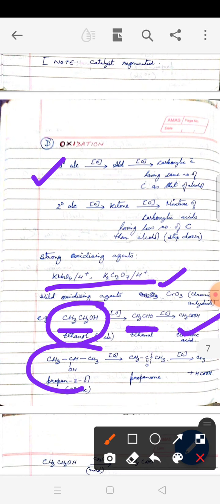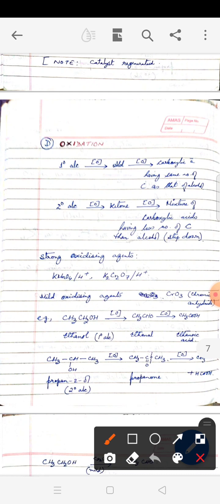However, if you take a secondary alcohol, the simplest secondary alcohol known is propan-2-ol, which has 3 carbon. So on oxidation, propan-2-ol will form propanone, which is a ketone having 3 carbon. Now you see the ketone, if you further oxidize, then what will happen?